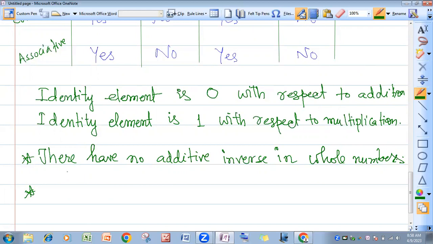But here we will not get any negative numbers, so we will not get any additive inverse also. There is no additive inverse in whole numbers.